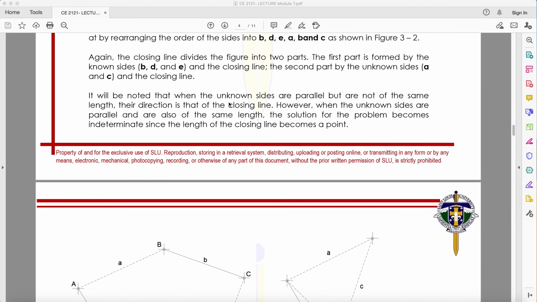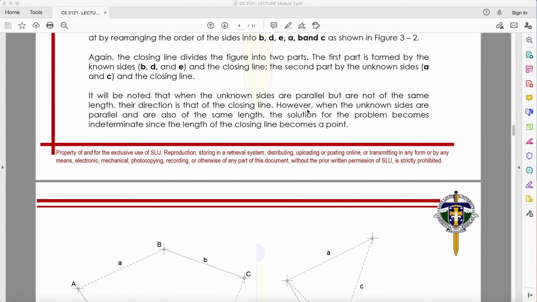It will be noted that when the unknown sides are parallel but are not of the same length, their direction is that of the closing line. However, when the unknown sides are parallel and are also the same length, the solution to the problem becomes indeterminate since the length of the closing line becomes a point.